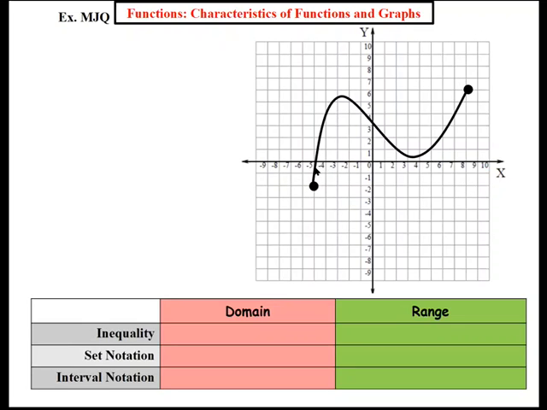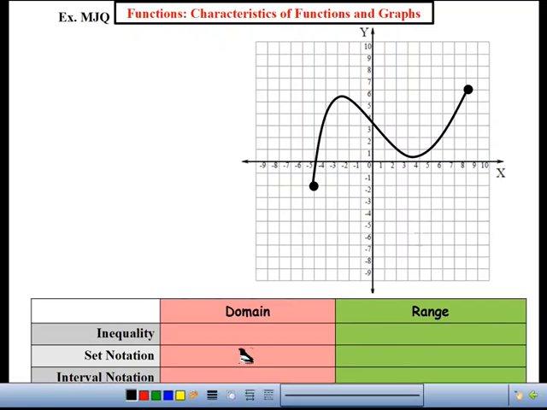So the domain has to be between what? -5 and 8. You guys see that? Yes? How about the range? Going from the bottom to the top. From the bottom, it would go from -2, and the top would be 6. Okay, so we got that. But that's not what I want us to focus on right now. You can do that on your own, that's fine. What I do want us to do is this next question.